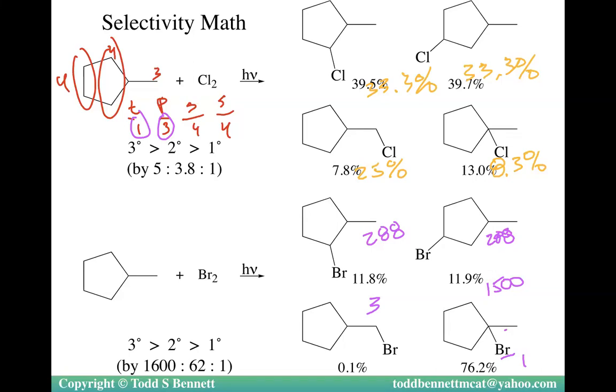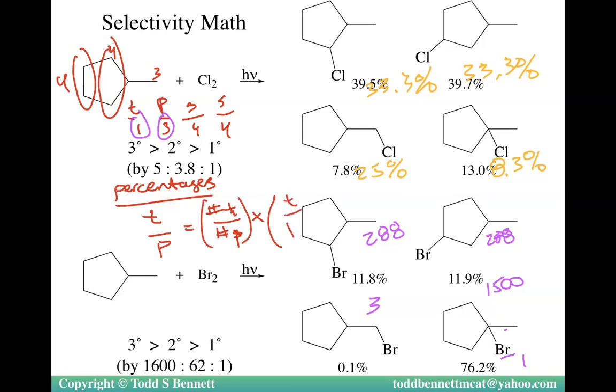It's one of those things that if you just simplify and say it's a probability, so it's a stat situation, the observed percentages of tertiary over primary, for instance, will equal the abundance, number of tertiaries divided by the number of primaries in terms of sites, times this preference, whatever this number is right here.